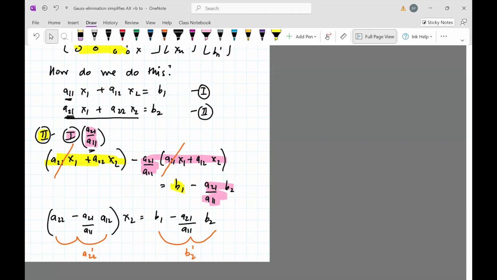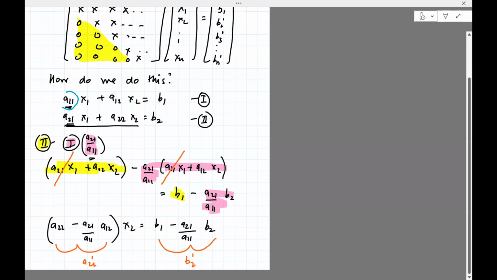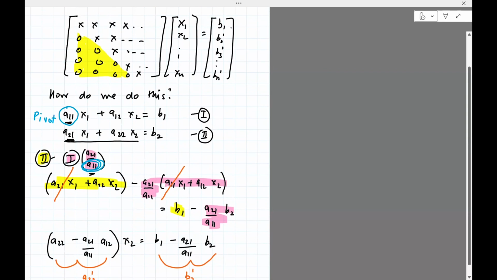One thing I want to mention here is, and this will come again and again, is that we use this one as a pivot. This is called a pivot. Okay, but the pivot is used to divide that equation. So what happens is, by using that as a pivot, we can actually ensure that everything below it, which has an x1, is eliminated.